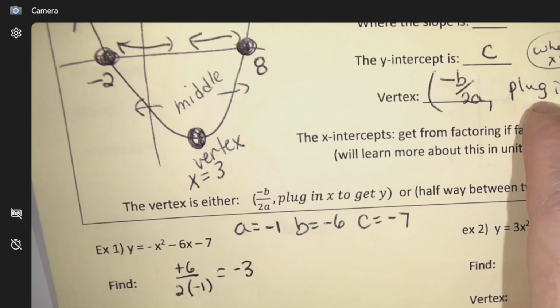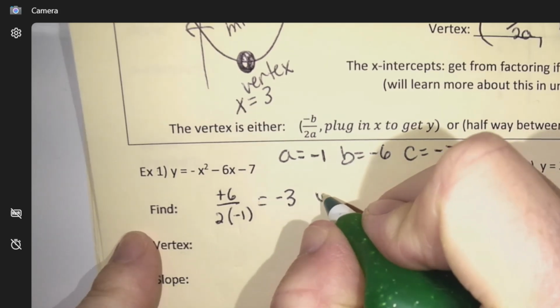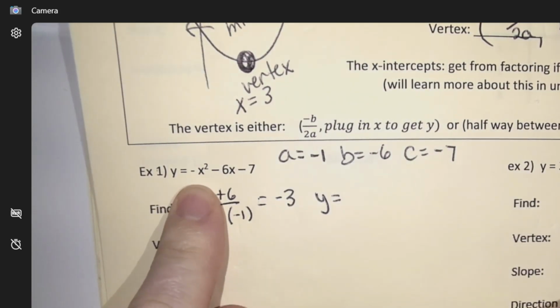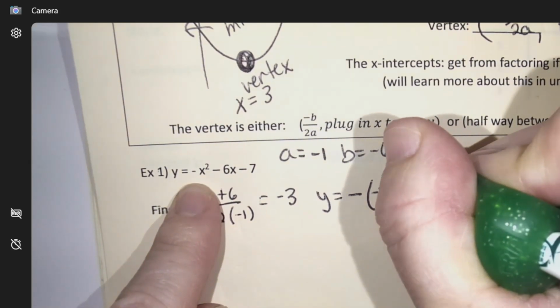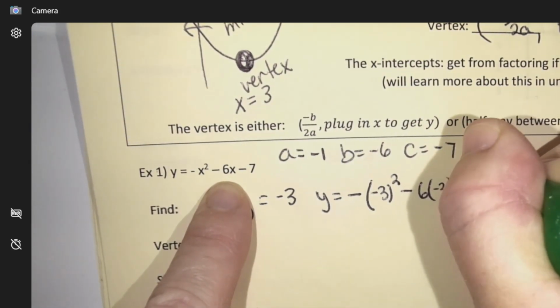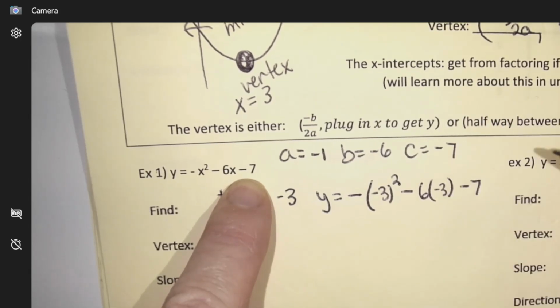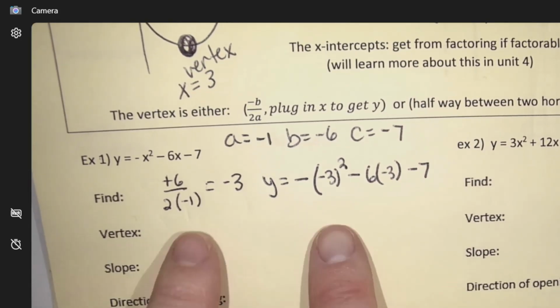Okay, so now it says to plug in. If I know the x value, I'm going to replace the x value. So y equals the negative of negative 3 squared, subtract 6 times negative 3, subtract 7. Do you see what I did?